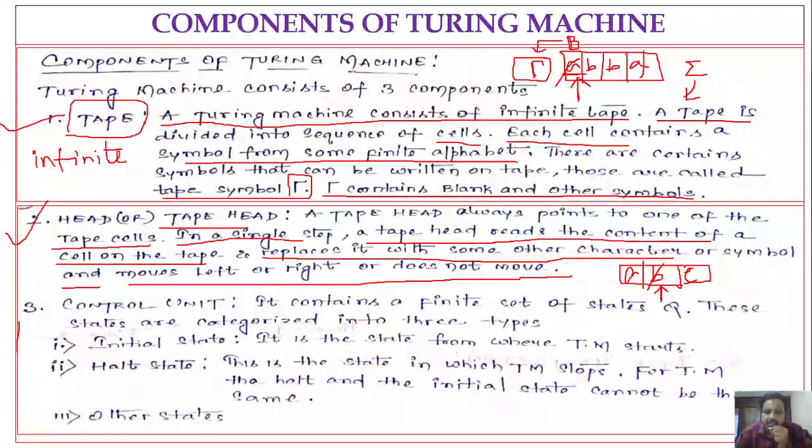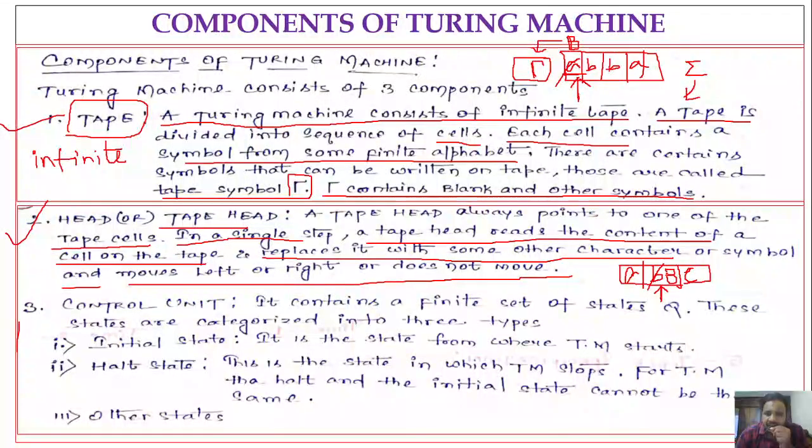That symbol must be a part of tau, that is, the symbol we write onto the tape belongs to tau. Let me say I am writing the blank symbol, which is generally represented by capital B.